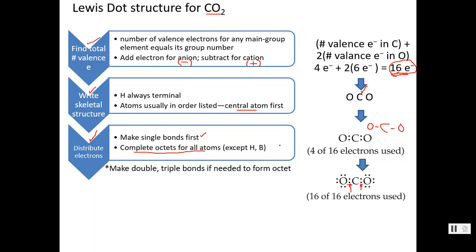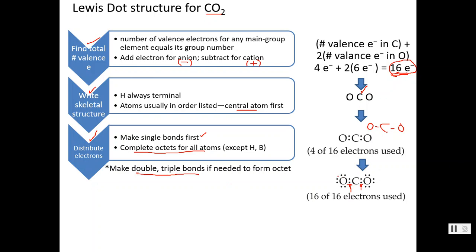So how can we have carbon obtain an octet without adding any extra electrons? This is where you need to look on your outer atoms and see if you have any lone pairs of electrons that are available to make double or triple bonds.